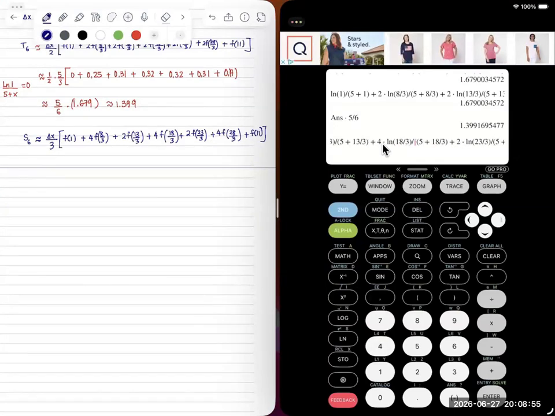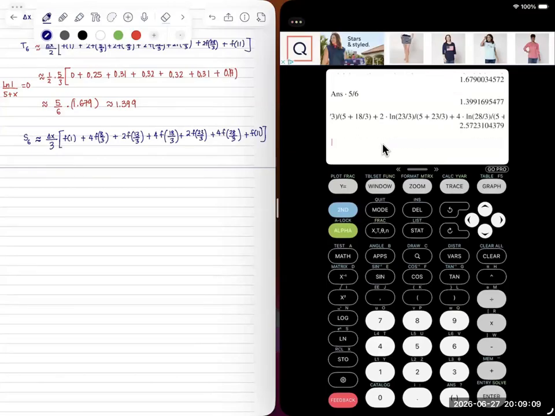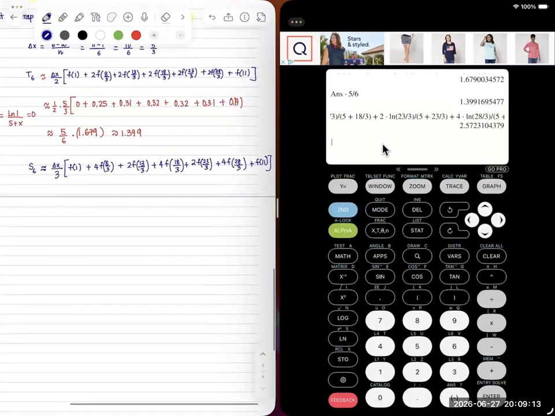And then 2, and then 28/3, I also need that to be 4. And then the last one. Okay, so this is what I have for my calculation.